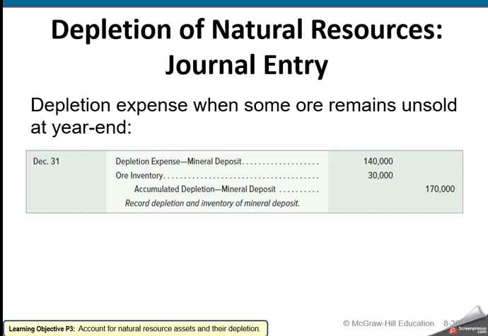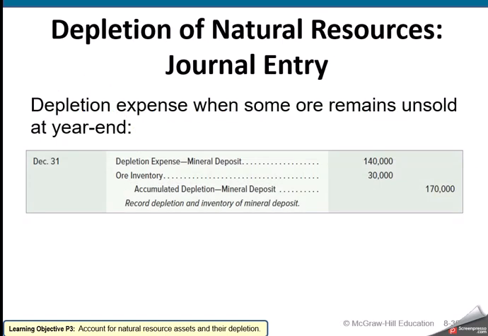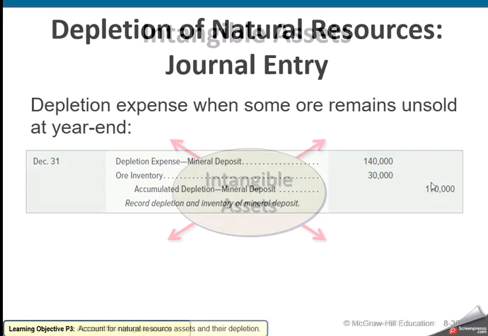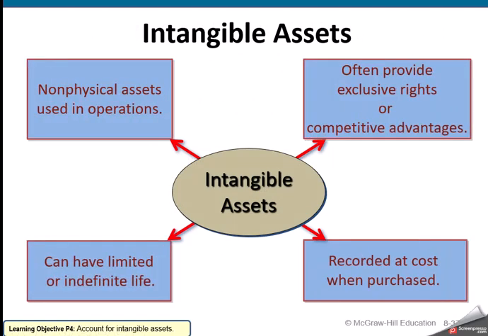If we have that same scenario, but some of it is not sold, then we'll put it into inventory. So if 30,000 of it remains unsold, we create an ore inventory at that 30,000, but the whole 170,000 still goes to the accumulated depletion because we've taken it out of the mine. So any type of natural resource would be handled that same way.